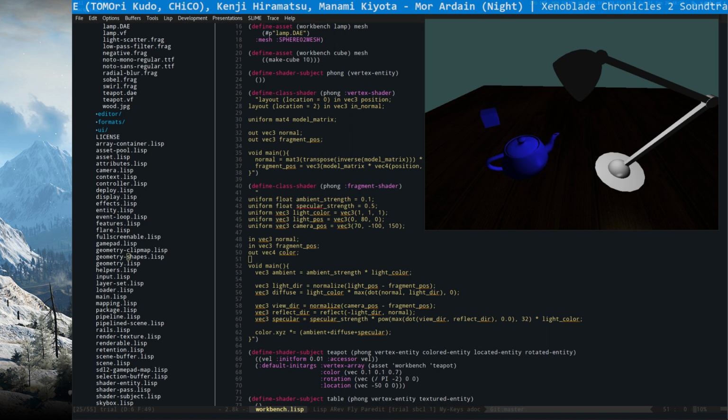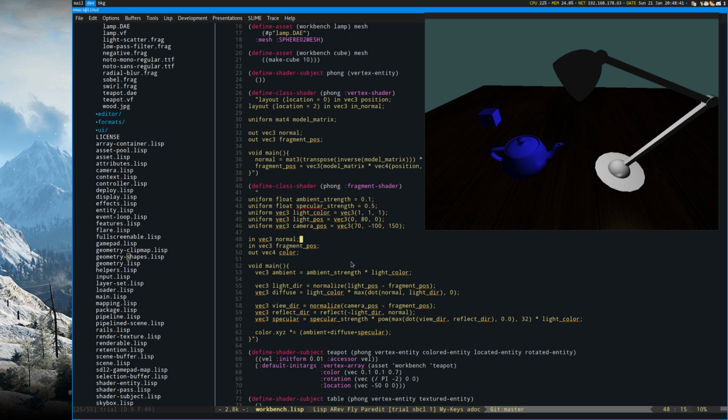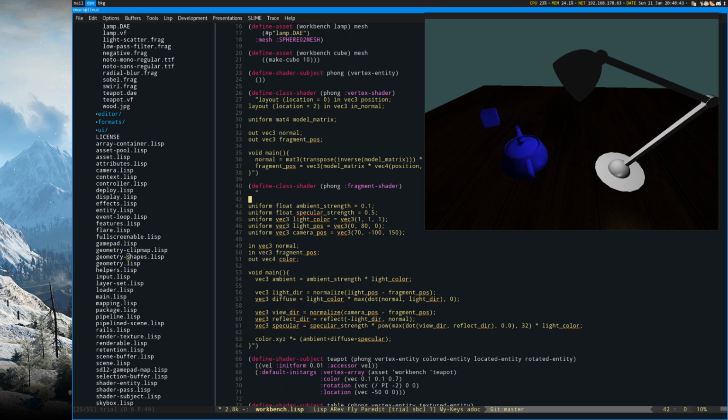Okay, so to do this, we're going to use a struct inside the shader, which we're going to set using uniforms afterwards. Oh my god.